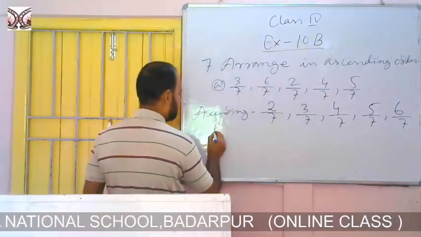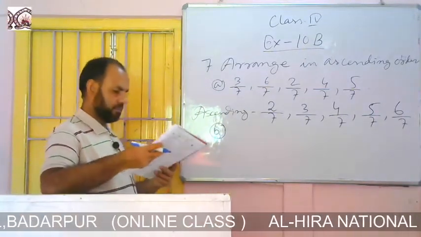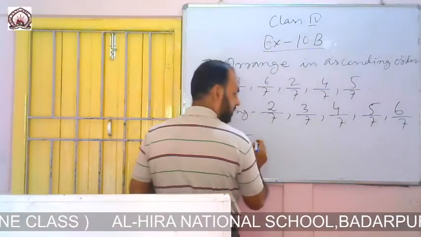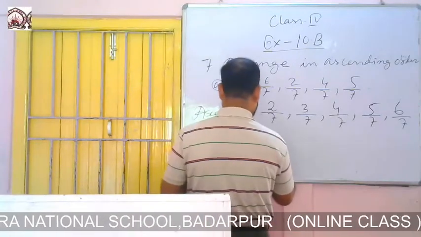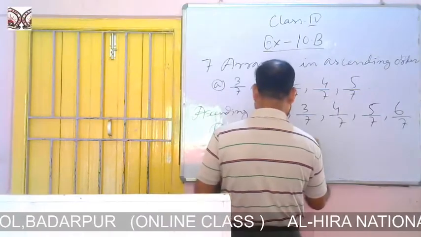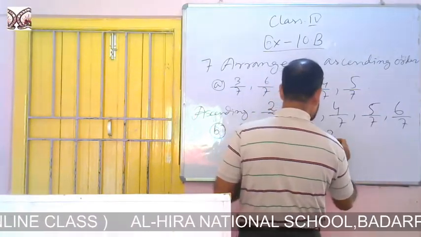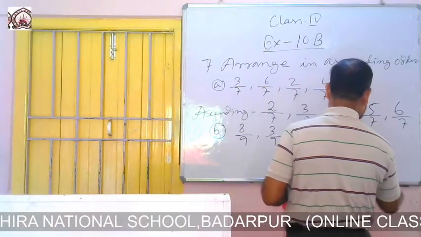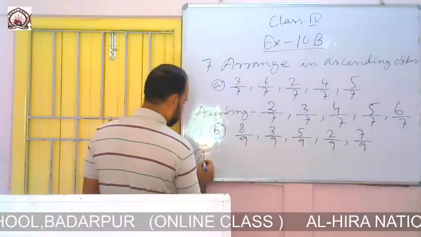Question number B: 8 by 9, 3 by 9, 5 by 9, 2 by 9, 7 by 9. Here also we write in ascending order, same rule.